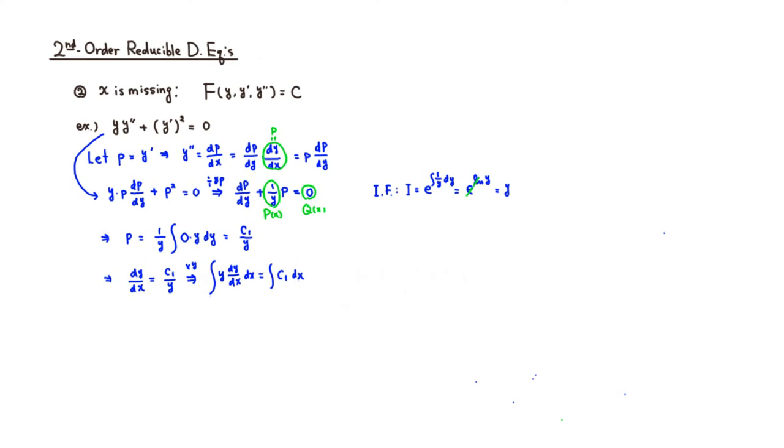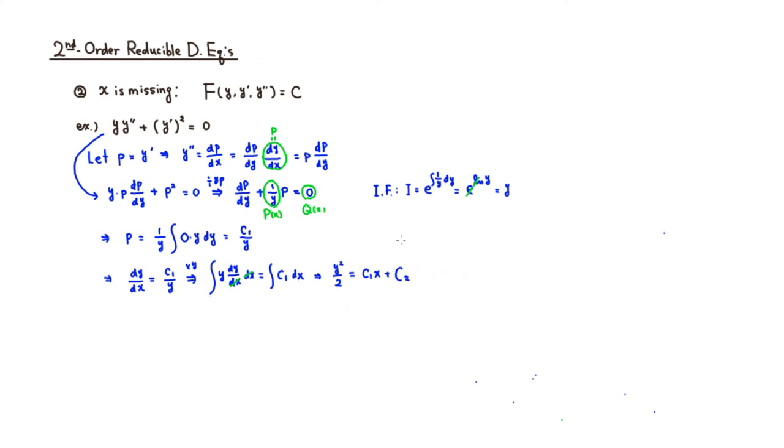Then we can cancel dx on the bottom and dx on top, and the antiderivative of y is y squared over 2. This is equal to c1 x plus c2.